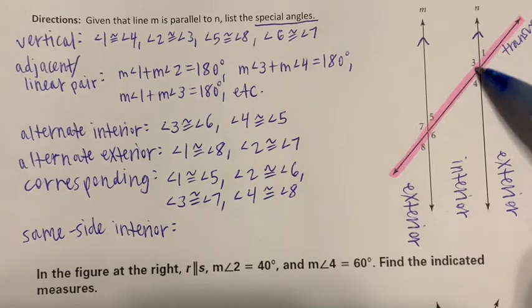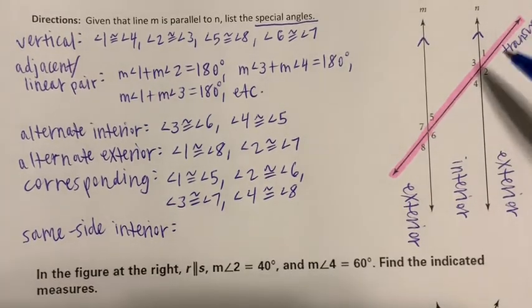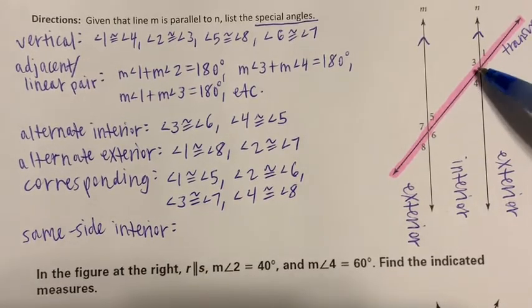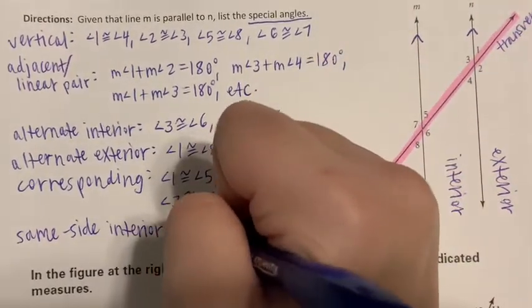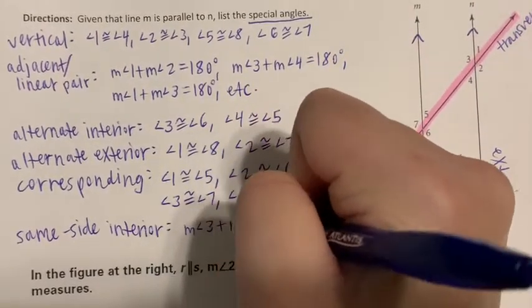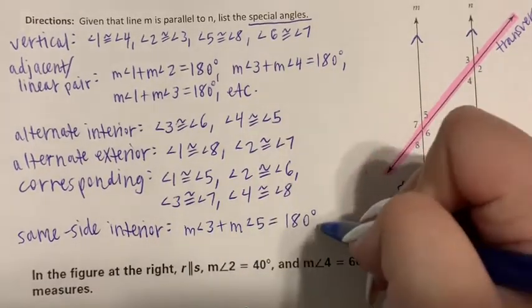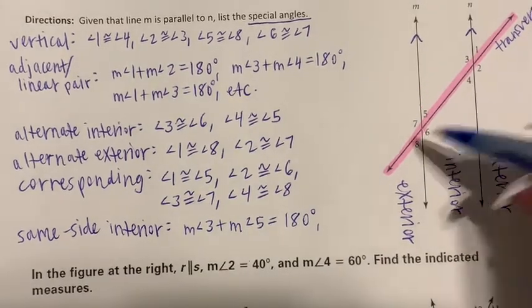Here, angle 3 is a big obtuse angle, and angle 5 is a small acute angle. So these have a different relationship. Instead of being congruent, these angles are supplementary. So we could say that the measure of angle 3 plus the measure of angle 5 is equal to 180 degrees. And then there's one other same side interior pair, and that would be angles 4 and 6.